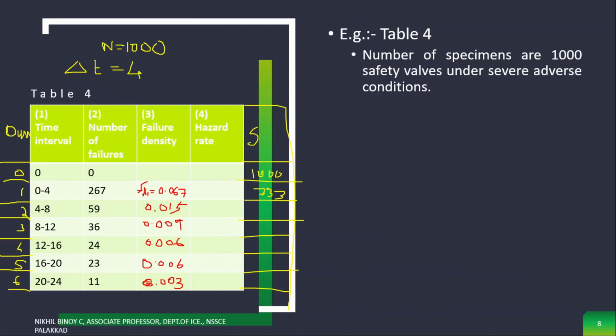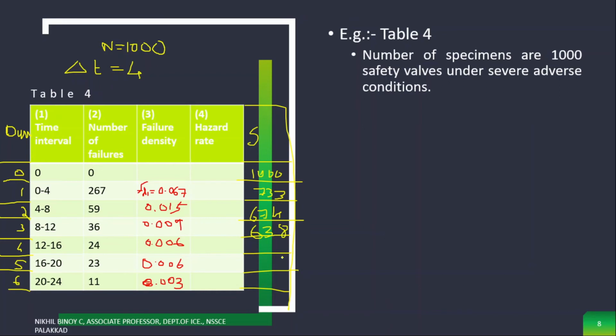Now after the second duration, the number of survival is 733 minus the number of failures during the second duration, 59. So 733 minus 59 gives 674. After the third duration, the number of survival is 674 minus 36, the failures during the third interval, so 638.